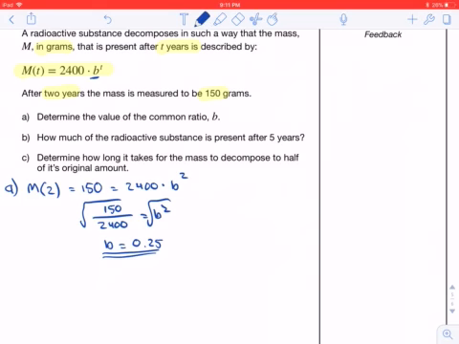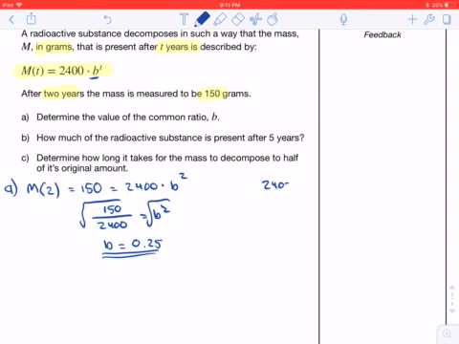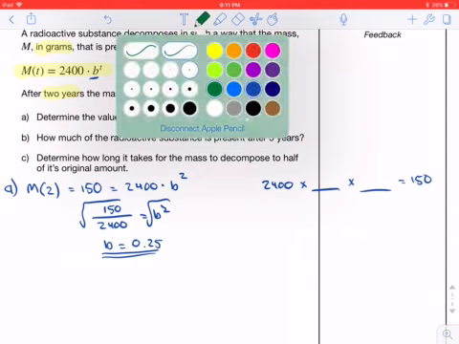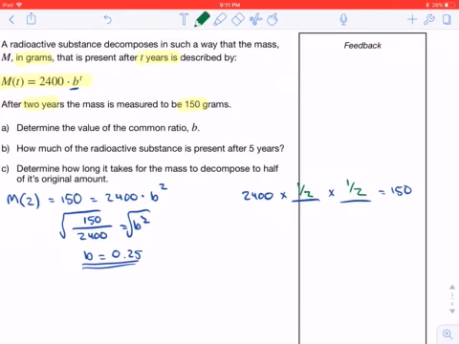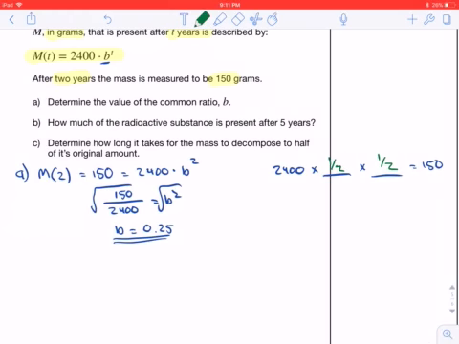The one other way you could think about it is that we're starting out with 2400 grams. We're going to multiply by our b value once, and multiply by our b value twice, because it's 2 years, and that's going to be equal to 150. If I tried a half, after multiplying by a half once I'd be at 1200, and after doing it again I'd be at 600.